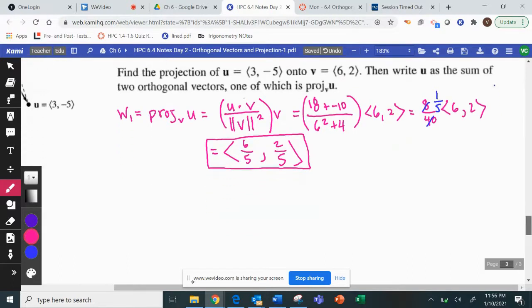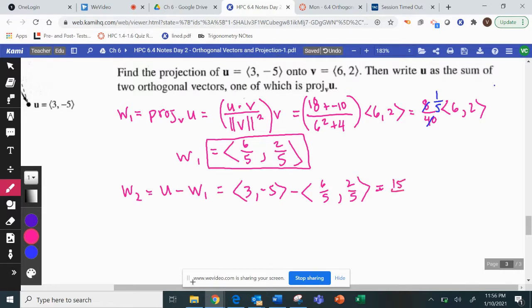Okay, and now to find W2, we're going to do vector u minus W1. This was W1. So I'm going to have vector u, which is 3, -5, and we're going to subtract 6/5 and 2/5. That'll give me, let me change my denominators here, 15/5 and -25/5.